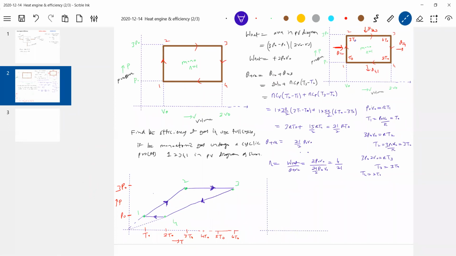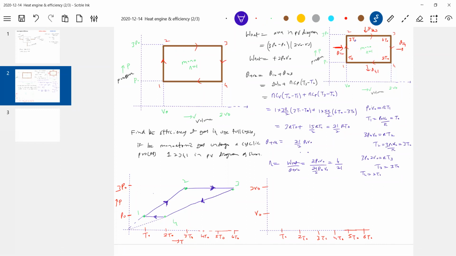Volume versus temperature graph. Please do make observations, some very important things will be there. Volume goes from V naught to 2V naught. As usual, temperature is T naught, 2T naught, 3T naught, 4T naught, 5T naught, 6T naught. Okay, now identify the points.